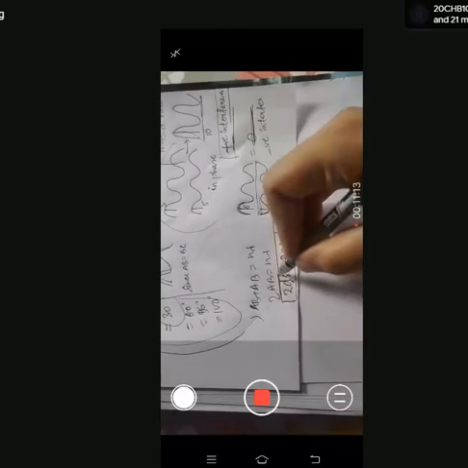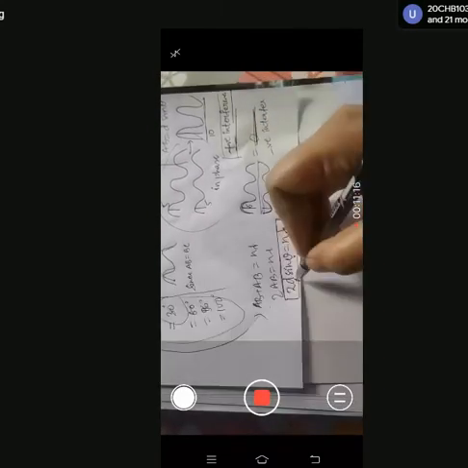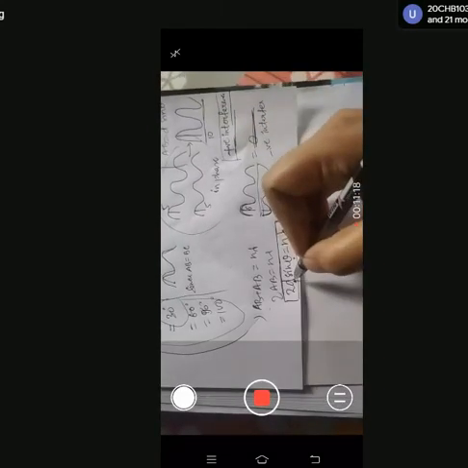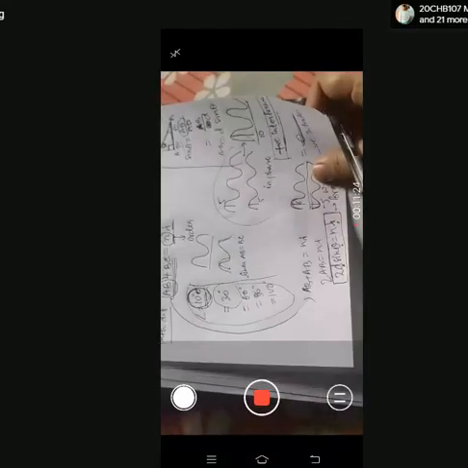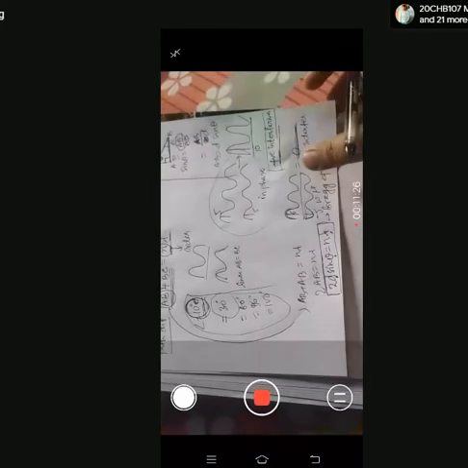So this relation is very important to determine the distance of any unknown crystal, or the lambda of the X-ray. It is a small but very important equation, and I will give numericals from this equation.